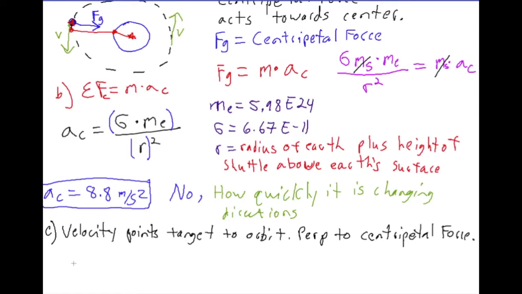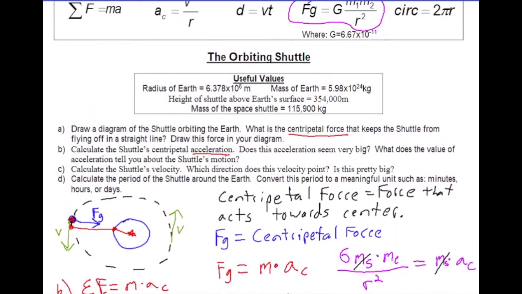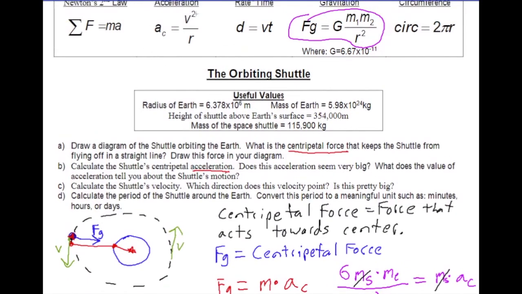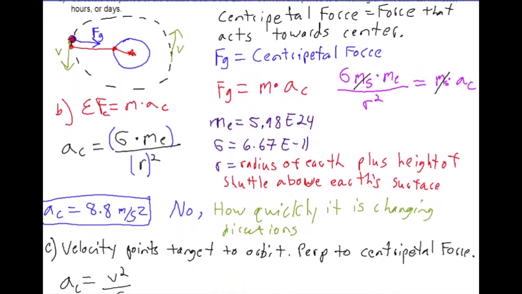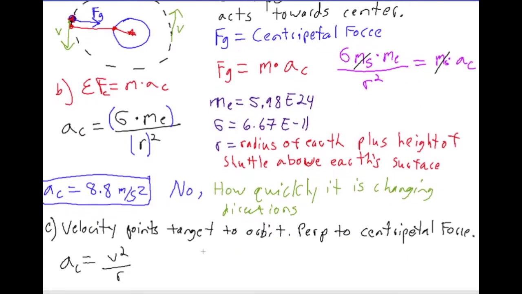So our equation is going to be a_c, centripetal acceleration, is equal to v squared over r. And this is just in our table above right here, okay? So nothing new, it's just an equation I'll give you every time, and it just tells us how those two variables are related. So once we have this, I'm going to go ahead and solve for velocity and then plug my numbers in.